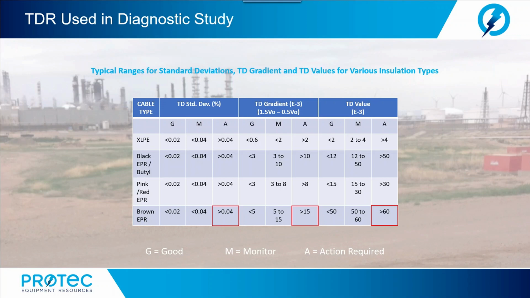And finally, when we look at the tip-up, or the measured tan delta at 1/2 U0 versus 1.5 times U0, once again, we see that we're in the action required category. This cable run does not look very healthy at this point and could be a high reliability risk to the client.